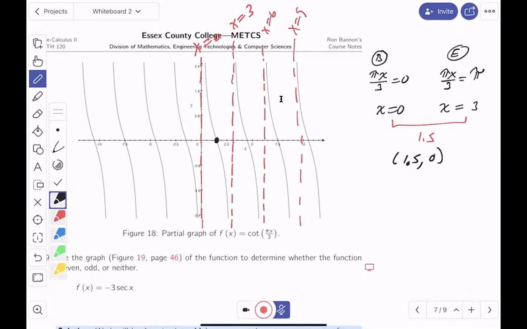Okay, between 0 and 1.5, what number would you get? 0.75. If you plug it in, it would evaluate to 1. Where's that? Over here somewhere. And then between 1.5 and 3, that'd be 2.25, right?